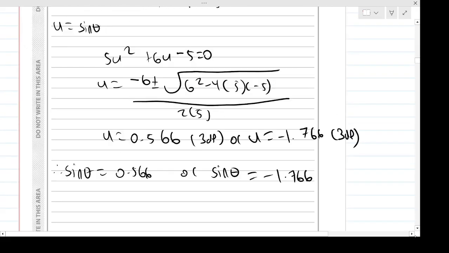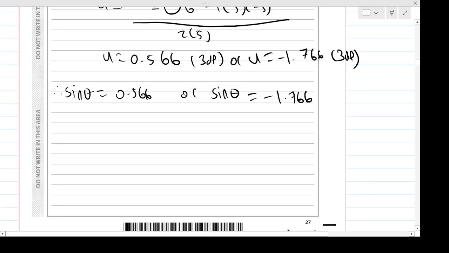Okay, I need to solve these individually. Firstly, if sine theta is 0.566, then if I do inverse sine of 0.566, I get 34.47 degrees to 2 decimal places.